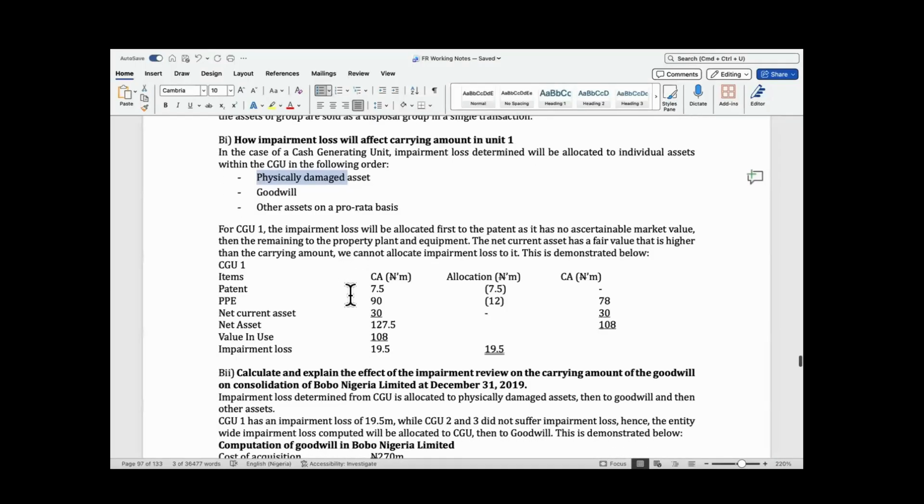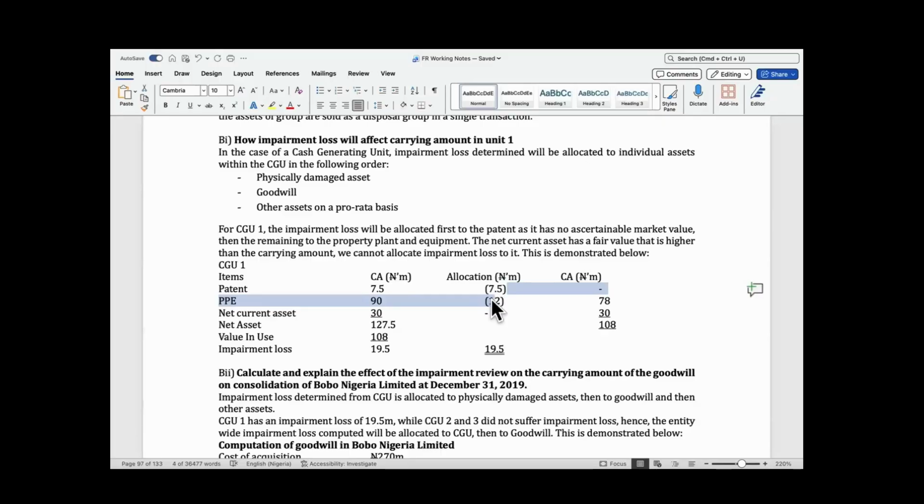So, very straightforward. These are the carrying amounts as given in the question. I was able to arrive at this impairment loss, which is the carrying value minus the value in use. Then I allocated this first to patents because it has no ascertainable market value. Whatever is remaining out of this 19.5, which is 12, I gave to PPE.